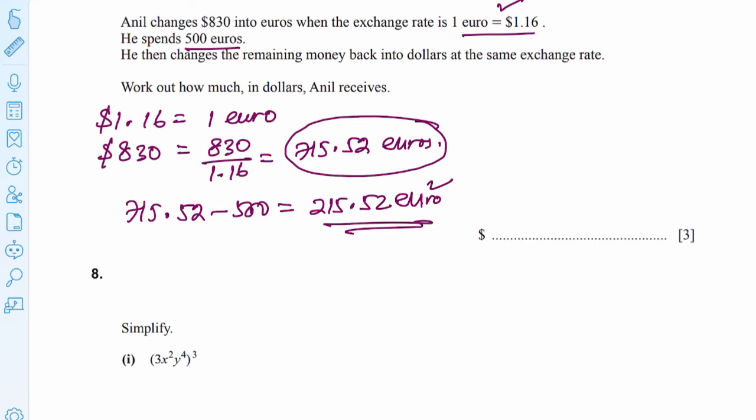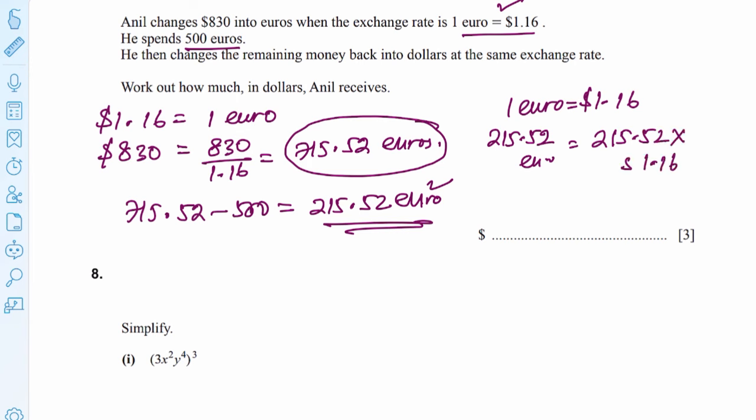At the same exchange rate, 1 euro equals $1.16, so 215.52 euros equals 215.52 times $1.16, which is exactly $250. This is the answer for this question.